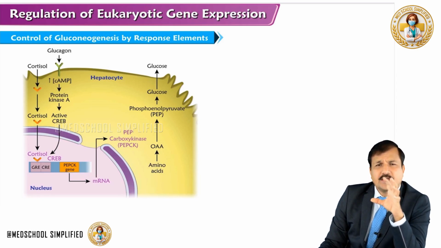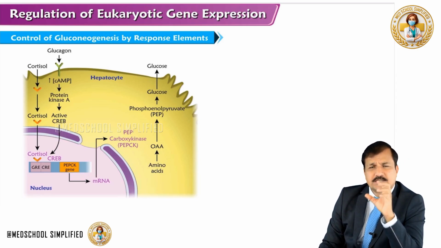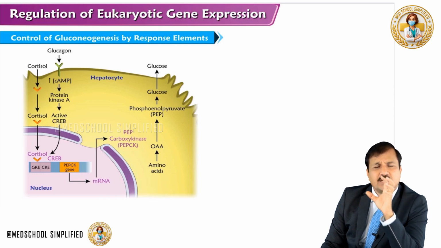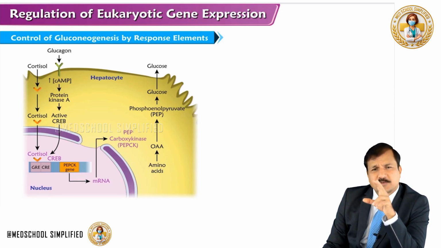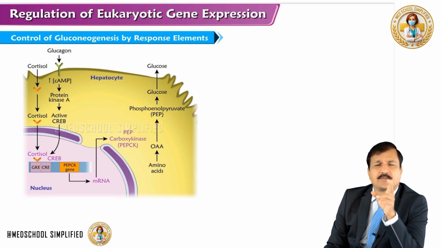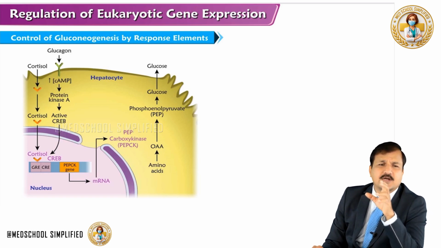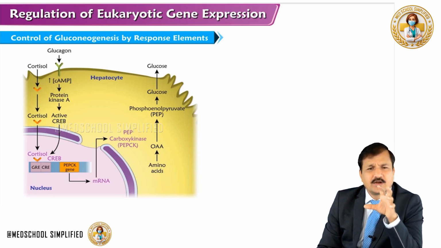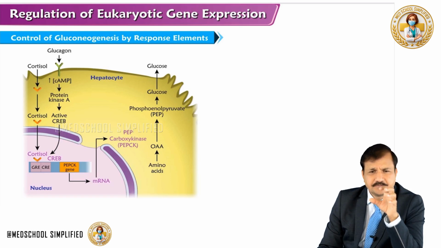Glucagon is secreted in response to hypoglycemia, and it functions via glucagon receptors and increases cyclic AMP. Whereas cortisol is secreted in response to stress, it is permissive for glucagon in hypoglycemia and acts through an intracellular receptor rather than a membrane bound receptor, and like other steroid receptors, it binds zinc finger DNA binding proteins.